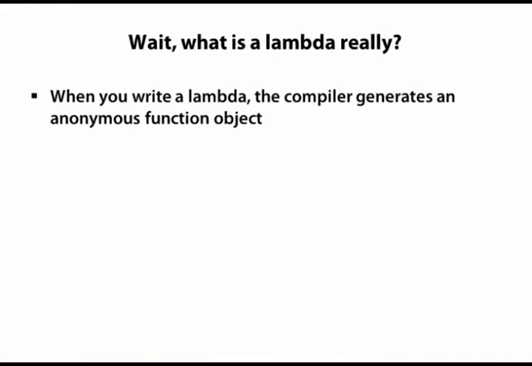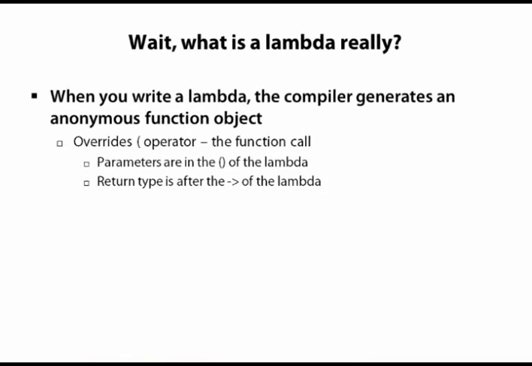A function object is an object that has certain capabilities, normally you would write these by hand. So you would, for example, override the round bracket operator. That's the function call operator, to actually perform a particular operation or calculation when people call the lambda or call the function object. The compiler generates this override for you.